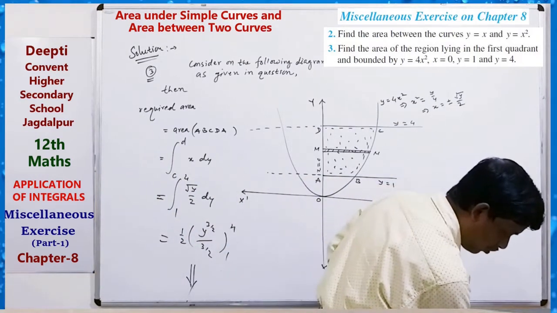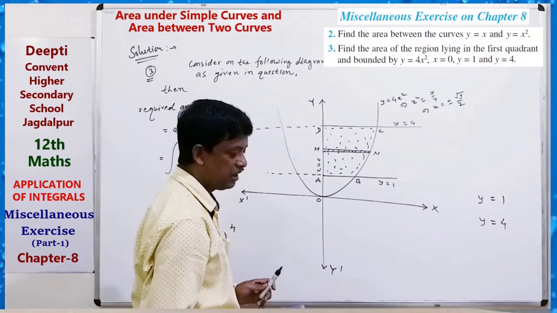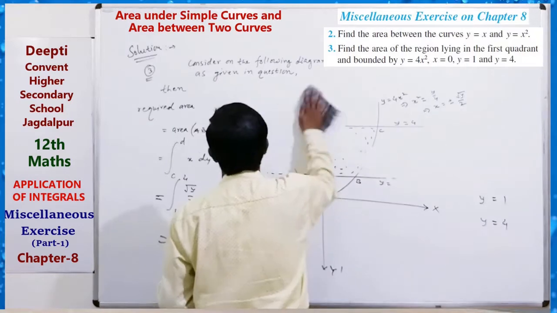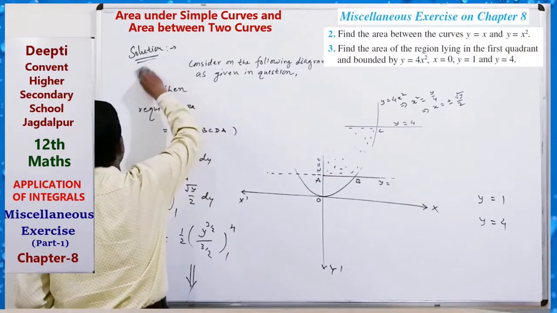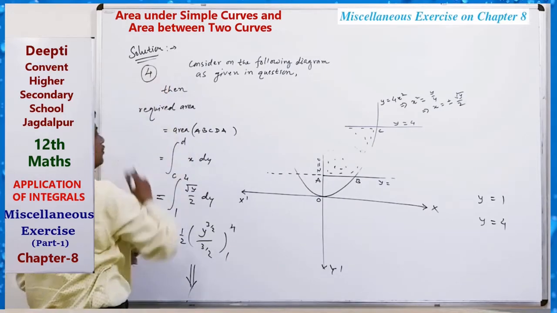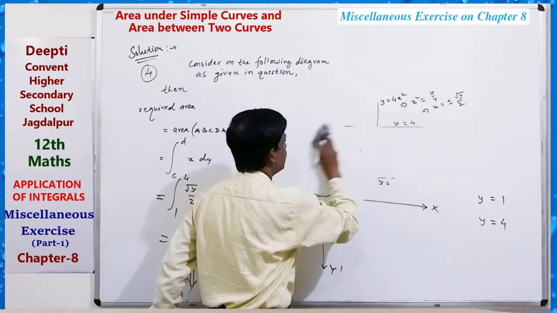Now question 4. Sketch the graph of y equals mod of x plus 3 and evaluate the integral from minus 6 to 0 of mod of x plus 3. Question 4. Clear?